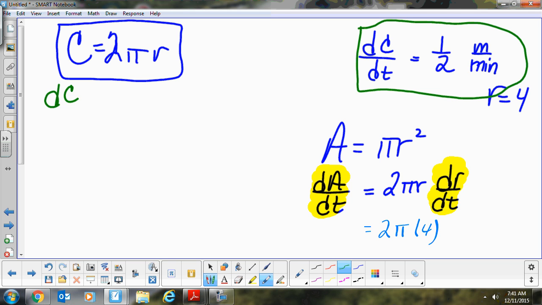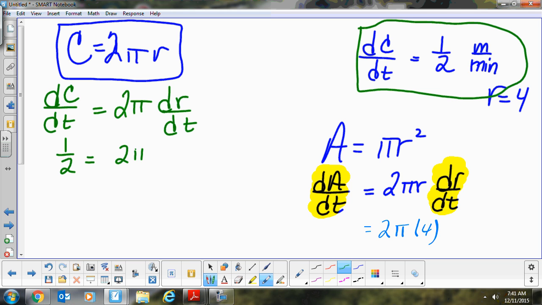So we're going to do dc over dt is equal to what? 2 pi what? dr over dt. Do we know what dc over dt is? It is 1/2. So the question becomes, can you solve for dr over dt? How do we solve?